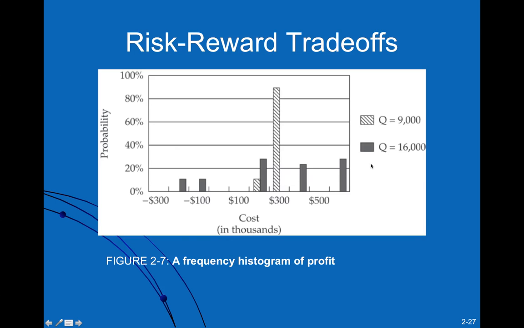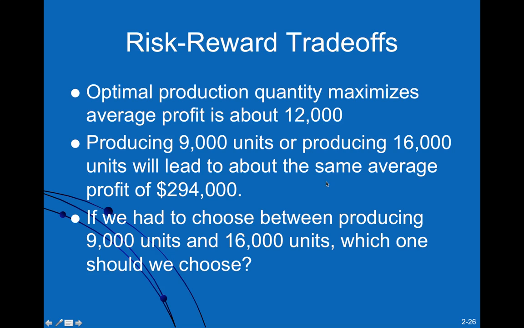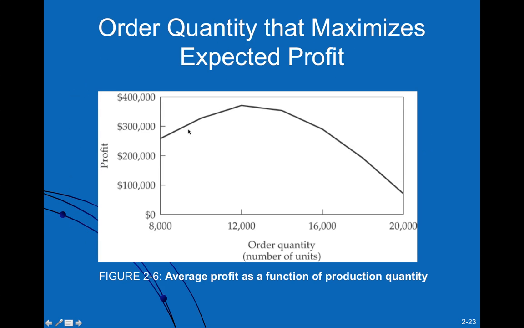There are cases where you want to look at the risk of making decisions around the quantities, and this is an interesting concept. If you look at the particular graph that we have, let me just go back to the diagram and you will see that.